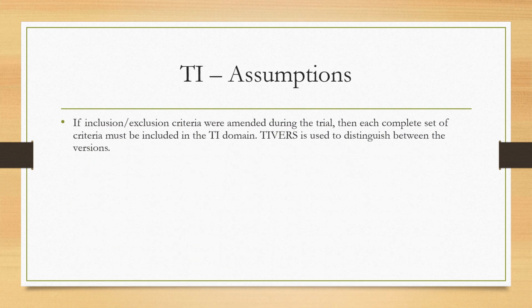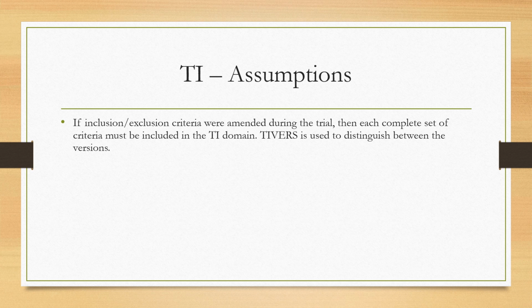Let's talk about the TI assumptions. If inclusion-exclusion criteria were amended during the trial, then each complete set of criteria must be included in the TI domain. The TI version is used to distinguish between the versions.